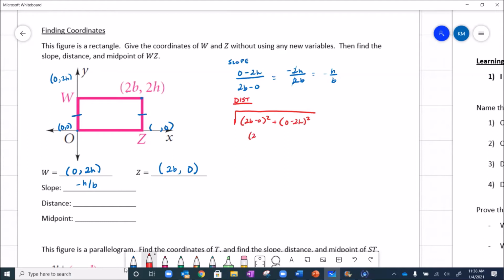So that will give us 2b squared plus negative 2h squared, still the square root, and so that gives us 4b squared plus 4h squared. And there we go, that's our distance. The square root of 4b squared plus 4h squared.